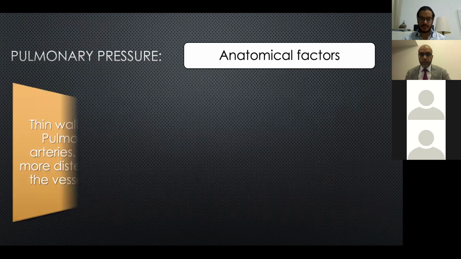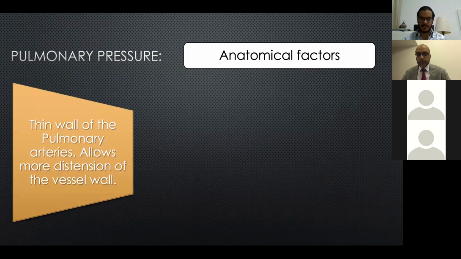For the anatomical factors, coming firstly from the histological structure of the pulmonary vessels. Pulmonary arteries itself have very thin media in comparison to the systemic vessels, with very thin myocytes or smooth muscles inside this media, which allows more distension and expansion of pulmonary vessels.